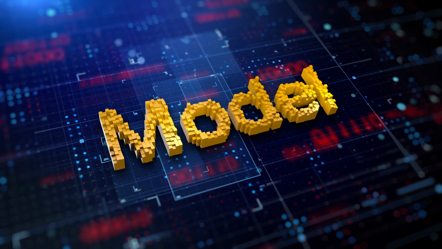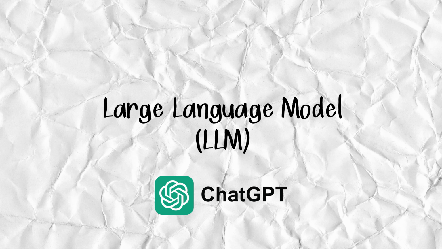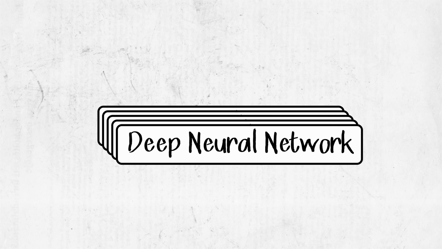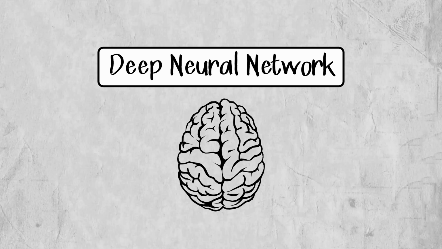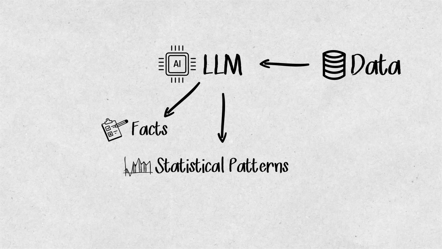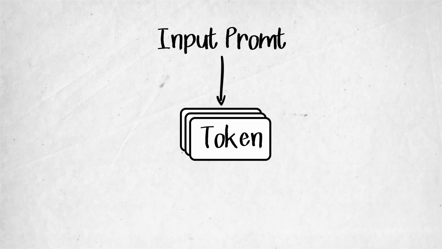My framework is created with good understanding of large language models. So before we jump into the video, let's quickly look at how these LLMs come up with the output when prompted. Large language models such as GPT-3 are constructed using multiple layers of deep neural networks inspired by the neurons in our brain. These models are trained on vast amounts of data to learn facts, statistical patterns, and word relationships. When you input a prompt, it is tokenized into smaller units.